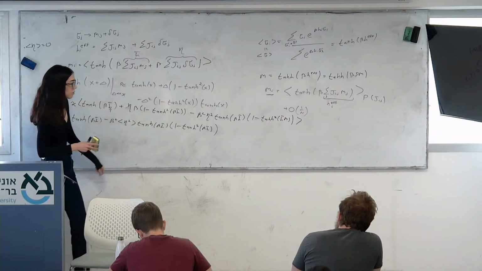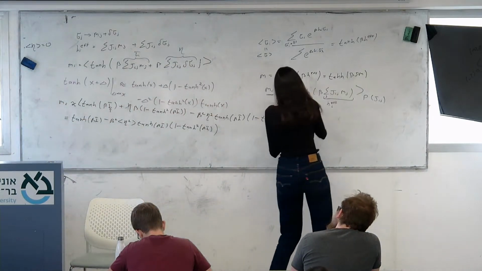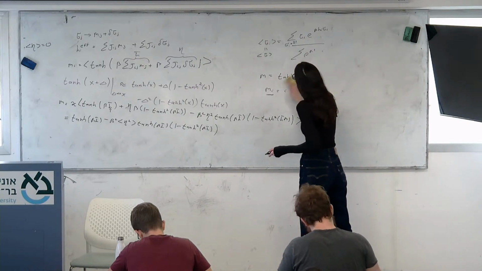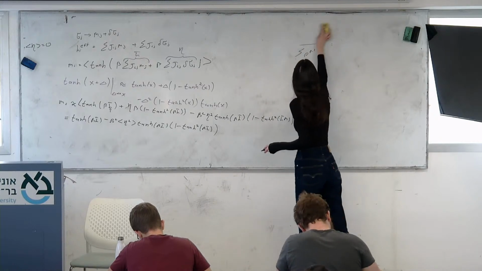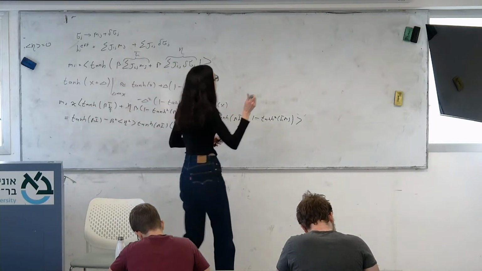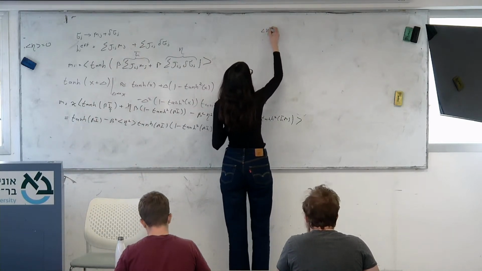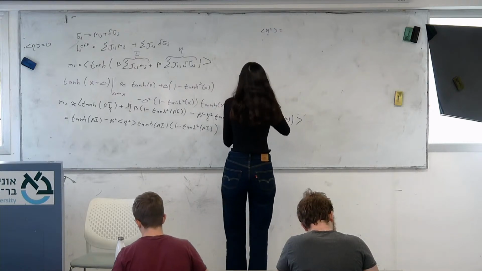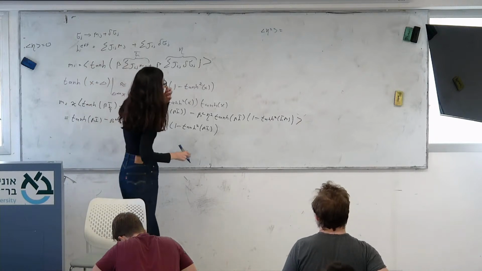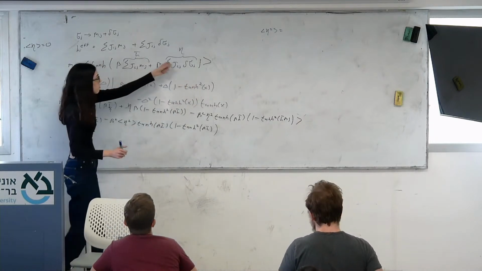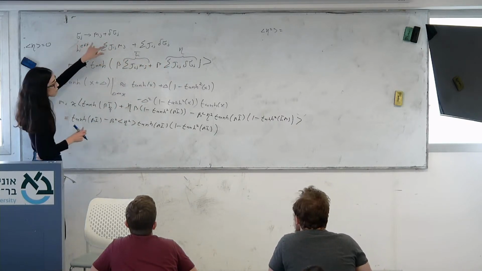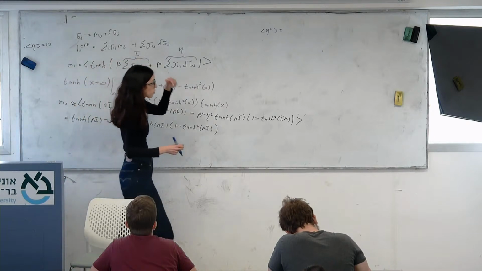Okay, so now we need to calculate eta square. So let's do it here. So eta square is basically the variance of the system, because the fluctuation of sigma is the difference between the spin and the average of the spin.